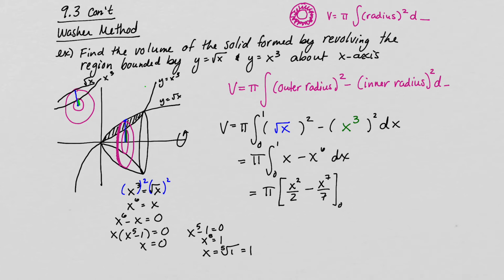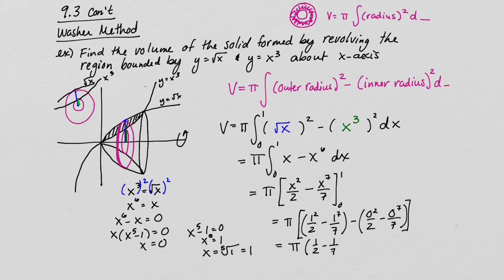And then I'm evaluating that from 0 to 1. So we're going to have pi times, if I put 1 in, I get 1 squared over 2 minus 1 to the 7th over 7, minus, if I put in 0, 0 squared over 2 minus 0 to the 7th over 7. Okay. So we've got pi times 1/2 minus 1/7.